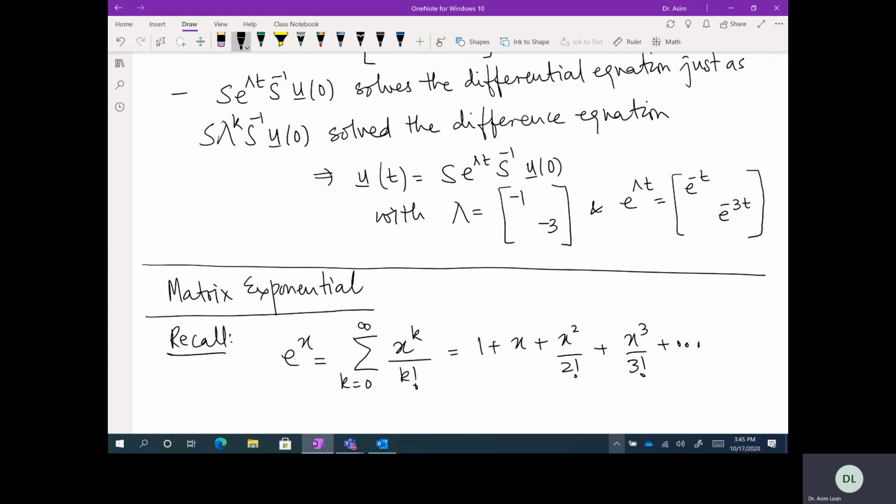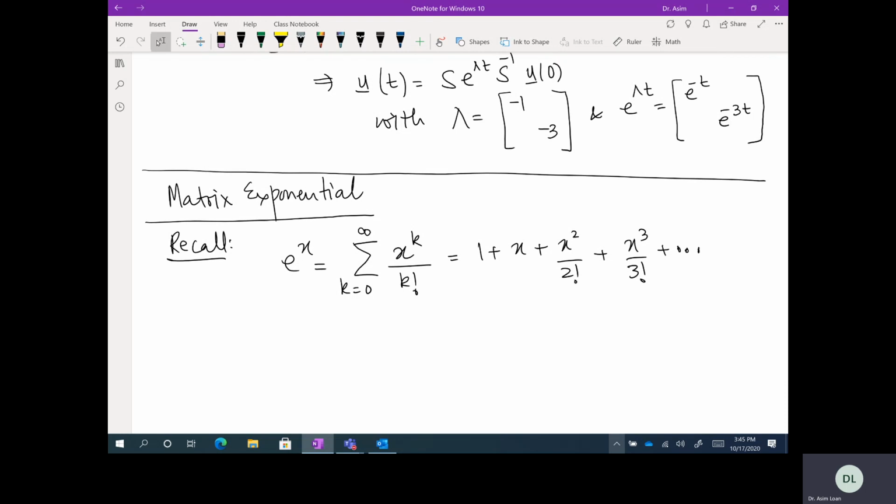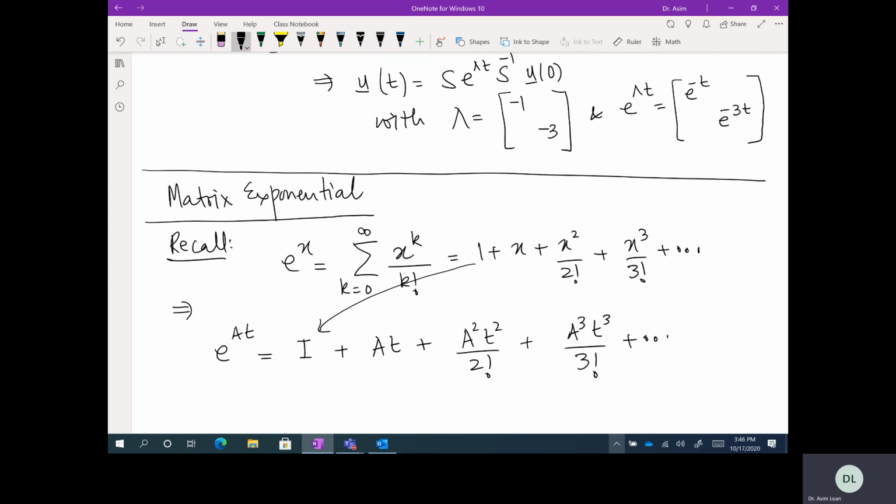So this implies e^(At), with x equal to At, has an identity matrix instead of 1, plus At plus A squared t squared over 2 factorial plus A cubed t cubed over 3 factorial, and so on.